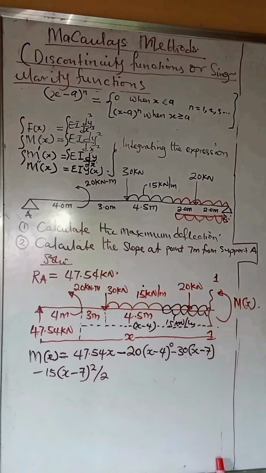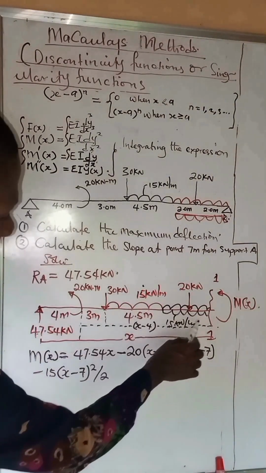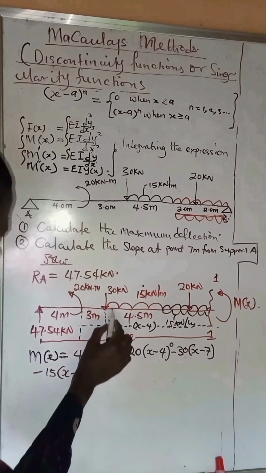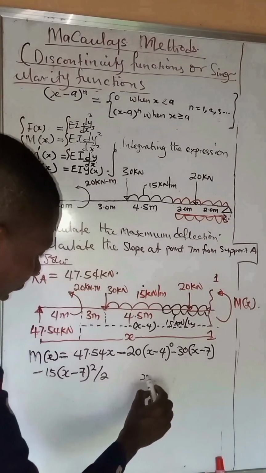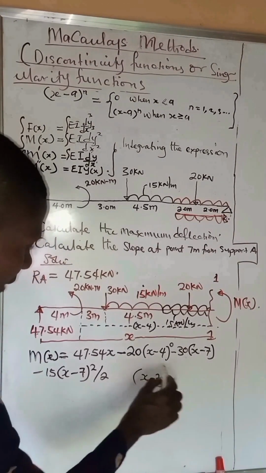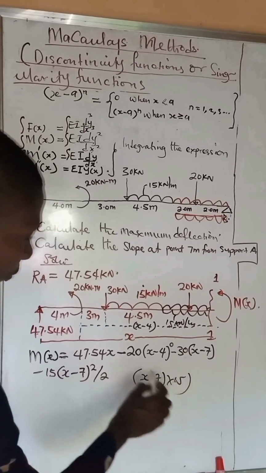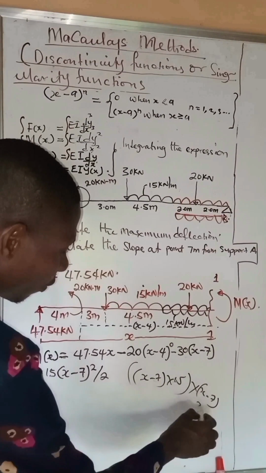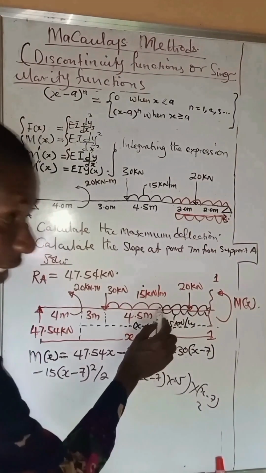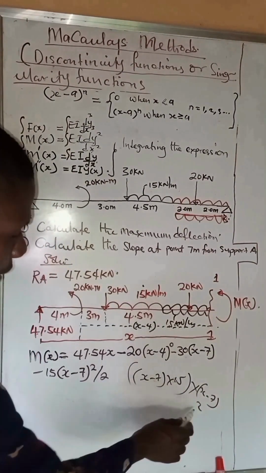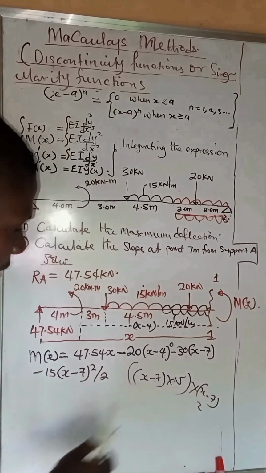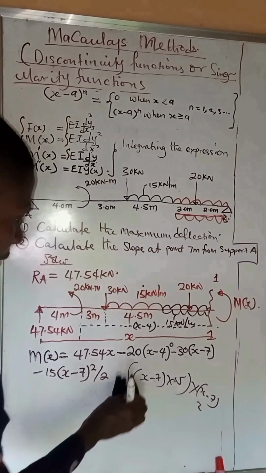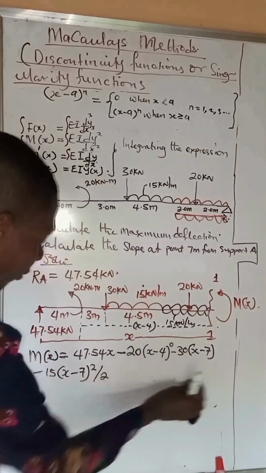So the whole of this load will be acting on this distance, which becomes x minus 7. So 15 times load x minus 7 over 2, which is the center. It acts at the center of gravity of this length over 2. If you multiply this out, you will have 15 bracket x minus 7 squared over 2. So this is what we have.